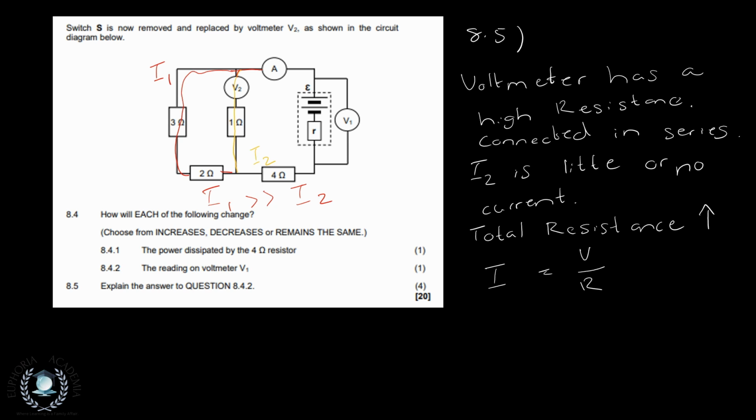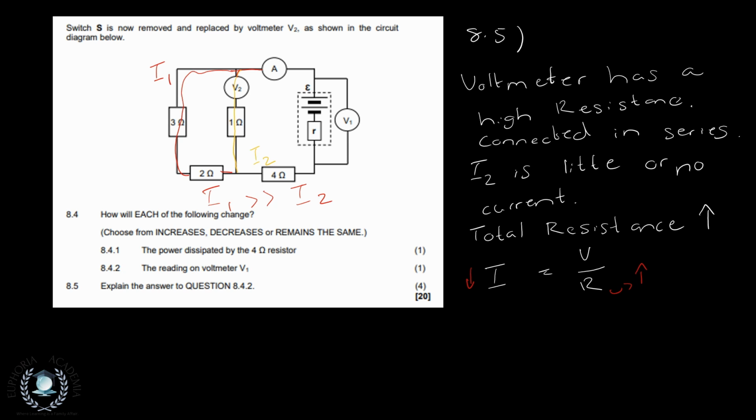So if the resistance increases, with the total potential difference across the circuit remaining constant, if we have a high denominator, the answer is going to be lower, right? So the current is going to be much lower than we had previously. So the current will decrease through this circuit, all right?